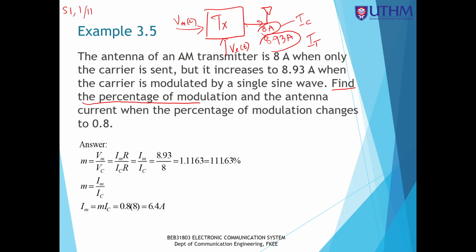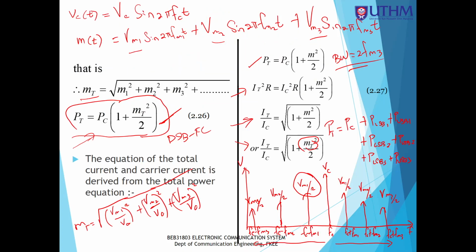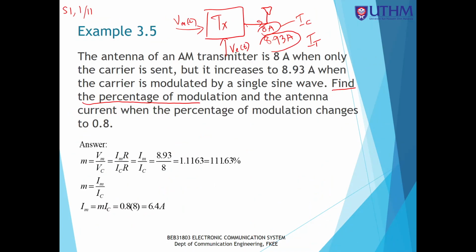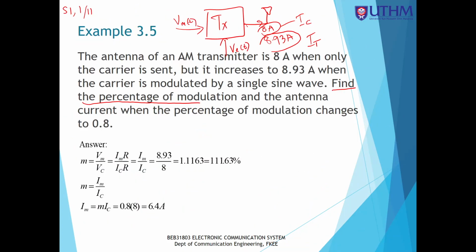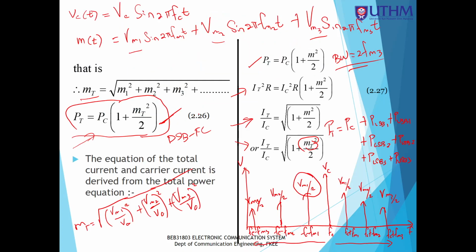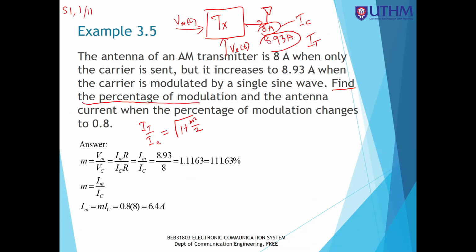You can use this equation, IT over IC, equal to square root of 1 plus m square over 2. Okay, so we can calculate this one.